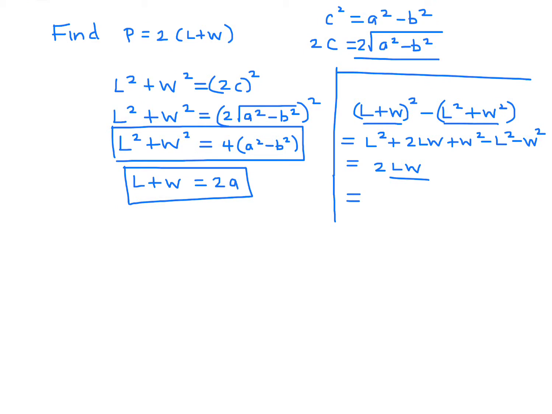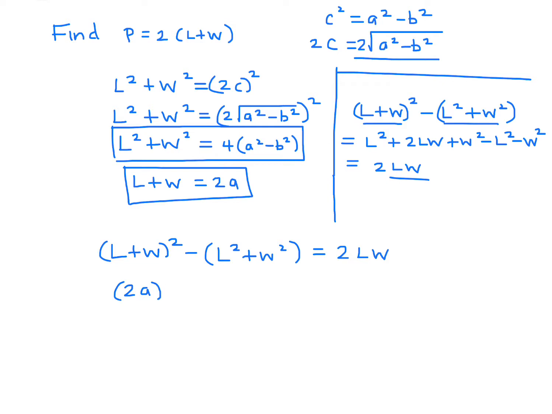So let's do that. We've got L plus W squared minus L squared plus W squared, like that. And that is equal to 2LW. Exactly what I did up there. And then if we continue with this by substituting, L plus W is 2A.